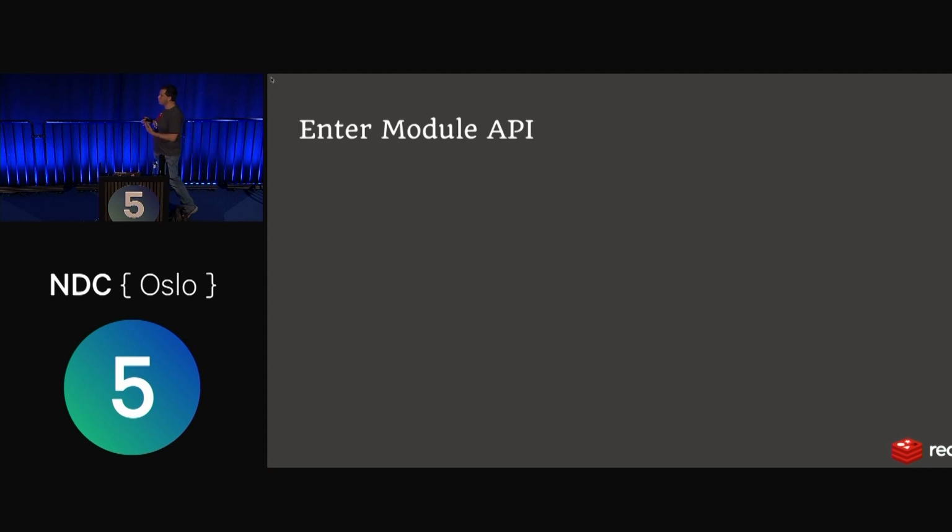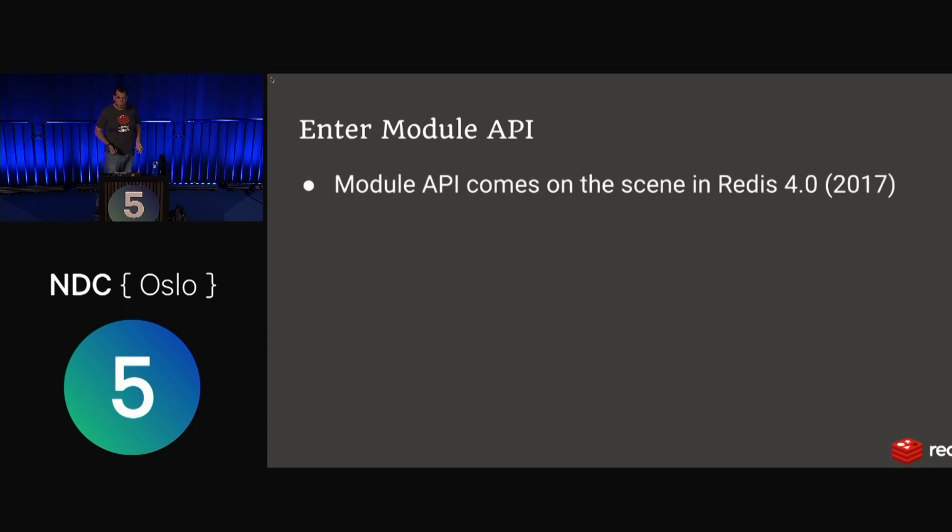Then we enter this new era of Redis development and Redis usage called the module API era. In version 4.0, which is 5 years ago in 2017, the OSS Redis source added what's called a module API. The module API is something that's not novel to Redis, but exists elsewhere in the ecosystem.